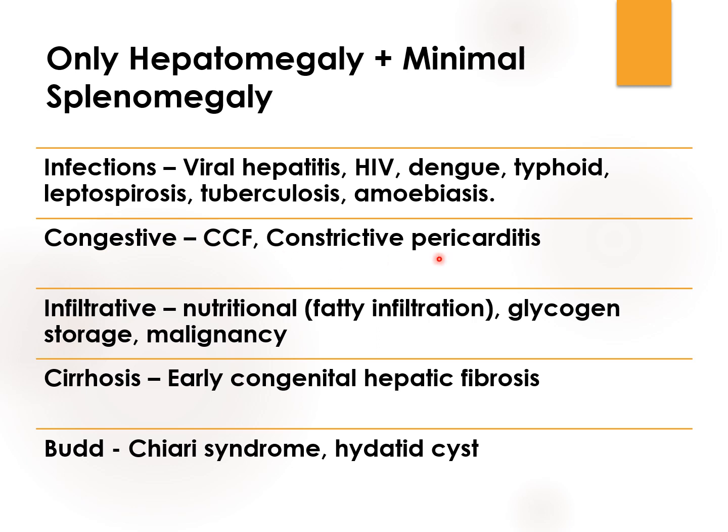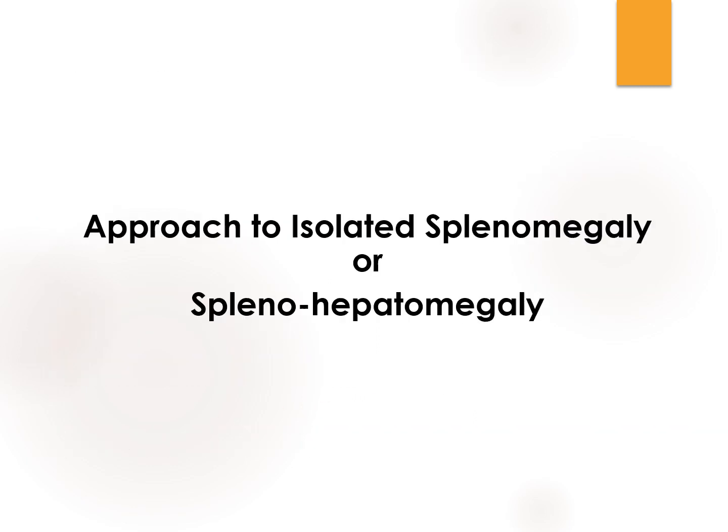Congestive causes: CCF, constrictive pericarditis. Infiltrative and nutritional causes: fatty infiltration, fatty liver disease, glycogen storage, malignancy, cirrhosis, early congenital hepatic fibrosis. Budd-Chiari syndrome and hydatid cyst can also lead to this.